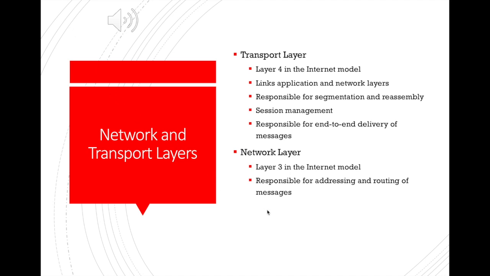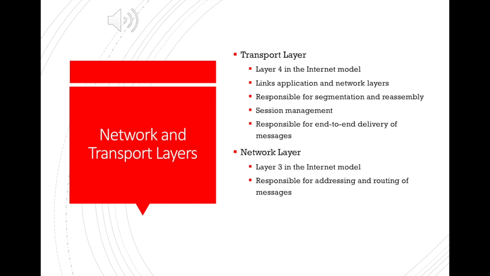You'll notice in this chapter the transport layer and the network layer have been put together. Layer 4 on the internet model is the transport layer, and layer 3 on the internet model is the network layer. The network layer is responsible for linking the application and network layers together, and that's because it's in between them.